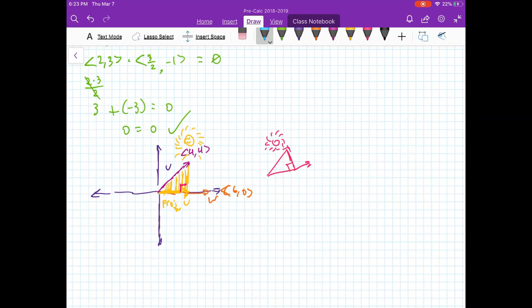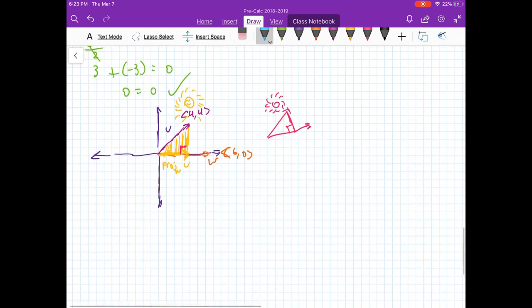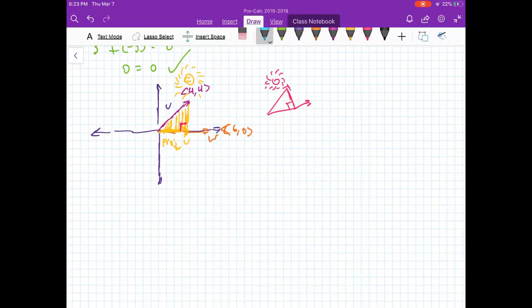And in order to demonstrate this, before I get ahead of myself, let me give you the formula of what this is. This is something for your notebook.